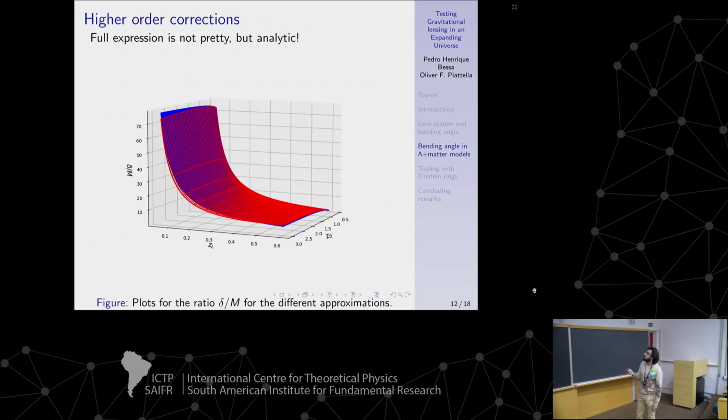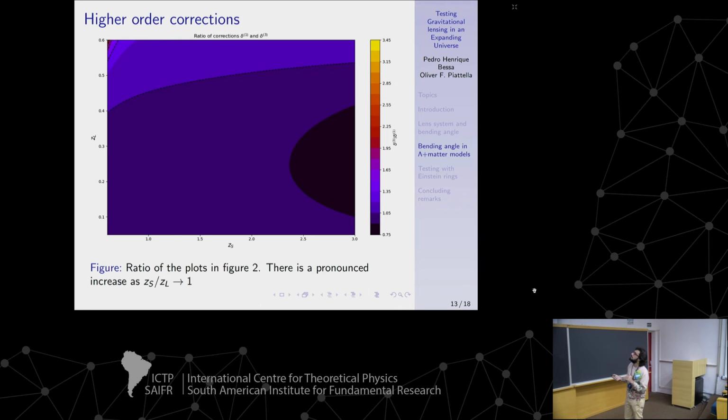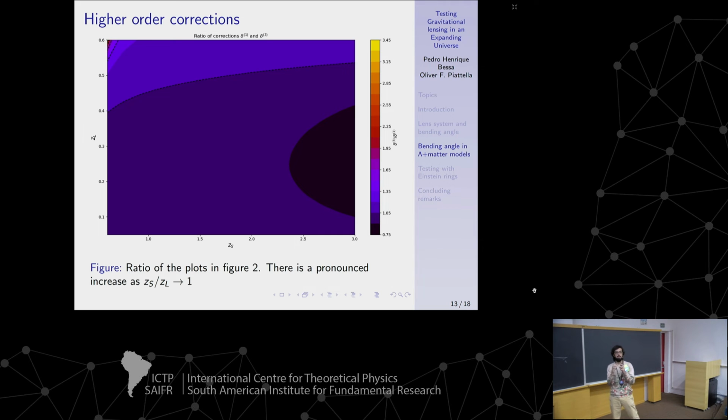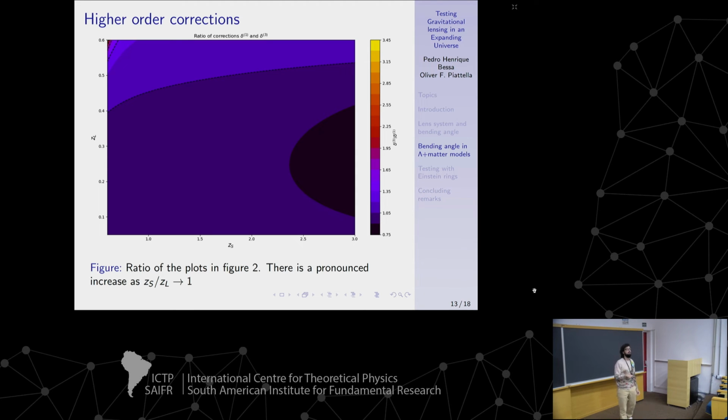And the thing is, this graphic doesn't tell us very much, but you have a small correction, right, to the correction already arising from lambda. However, in this graphic, you can see that there is the effect of the higher order corrections arising from the lambda plus matter transition age when you're integrating on the redshift. They are of the same order of the pure lambda correction, right?